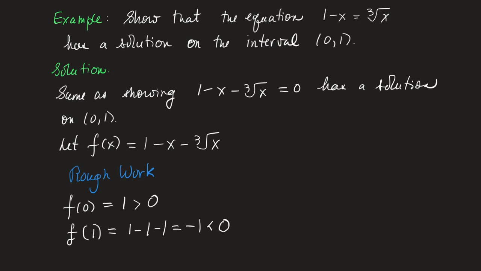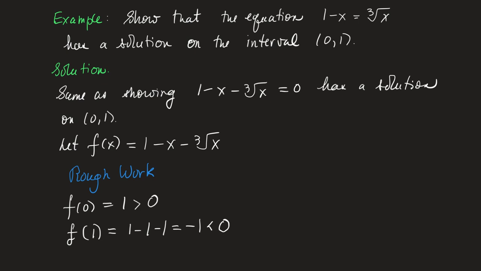So this is great because I've found an x value that gives me a function value that is greater than 0. So I know that the function is sitting above the x-axis at that point. And I have found a function value that is less than 0, so I know that it's sitting below the x-axis at that point.